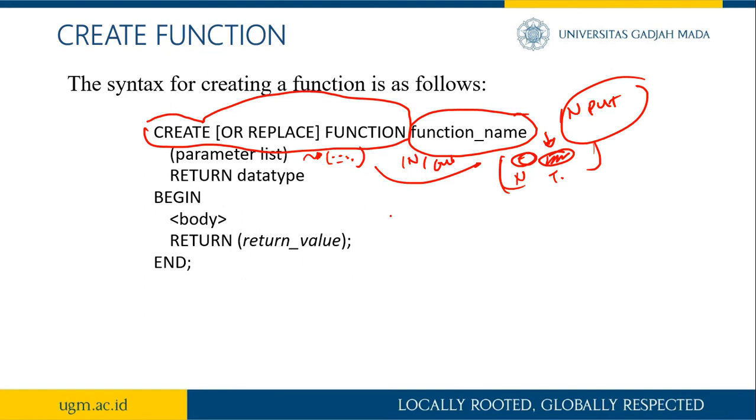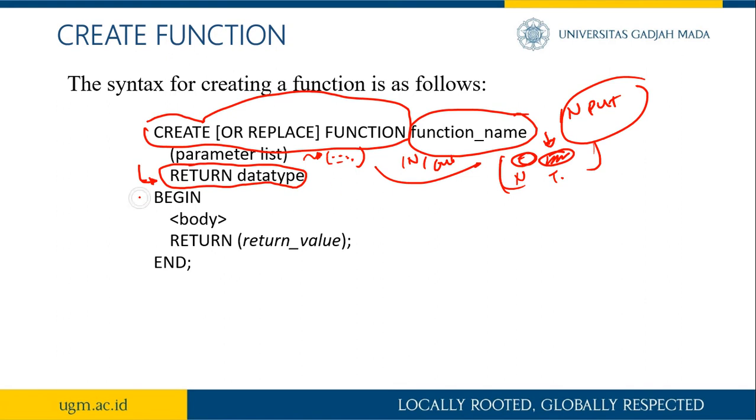Why doesn't the function have any out parameter? Because it's supposed to return a value with a specific data type. So you're supposed to declare what type your return will be, because a function needs a return value. For example, the return will be text, so returns text.